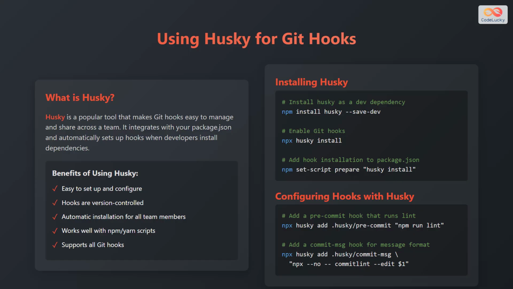To configure hooks with Husky, add a pre-commit hook that runs lint by running the command npx husky add .husky/pre-commit "npm run lint". Add a commit-msg hook for the message format with the command npx husky add .husky/commit-msg "npx --no-install commitlint --edit $1".